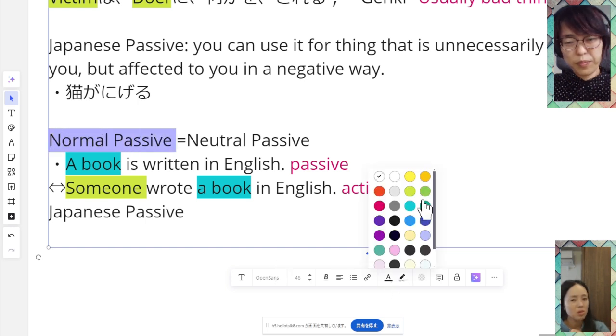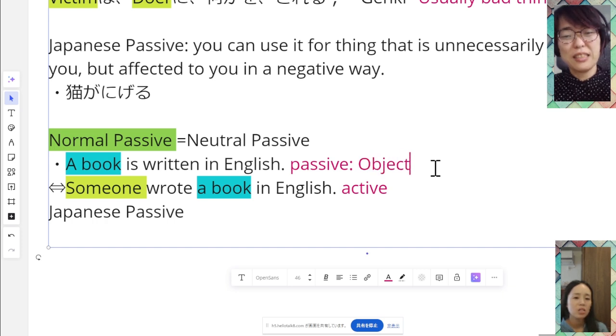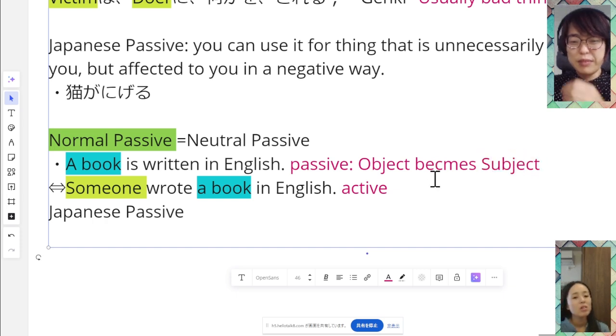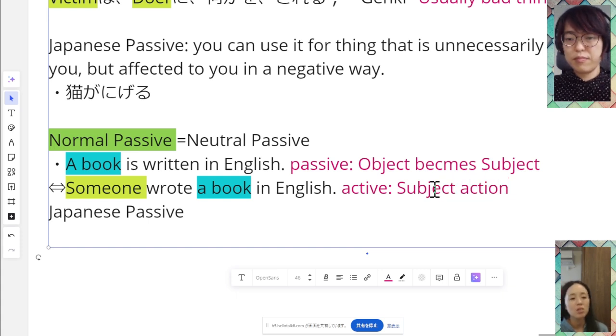The second sentence is focusing on someone. But someone is not important information, so that's why we usually use the first sentence in English.